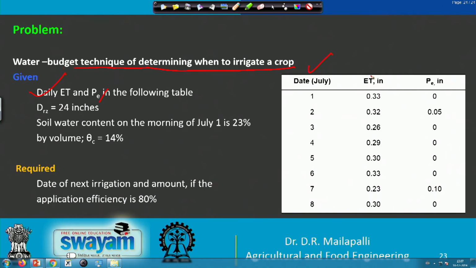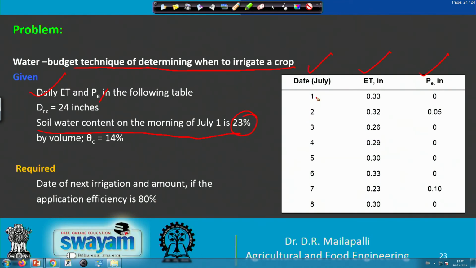The dates are given, July 1st, 2nd, 3rd, 4th up to 8th, along with the daily evapotranspiration and effective precipitation, that is the amount which is applied to the soil or taken by the soil. The soil water content in the morning of July 1st is 23%.